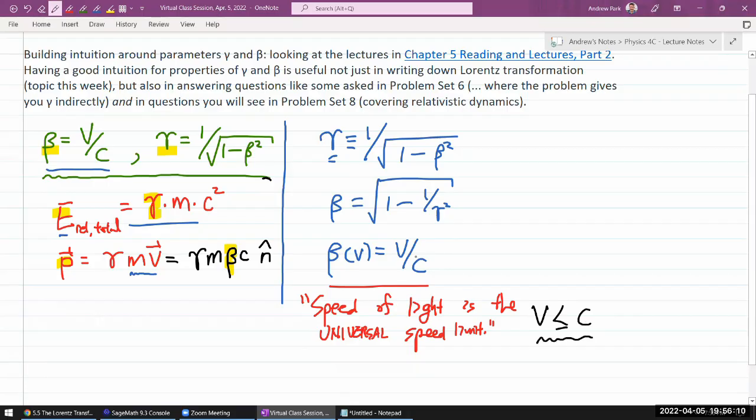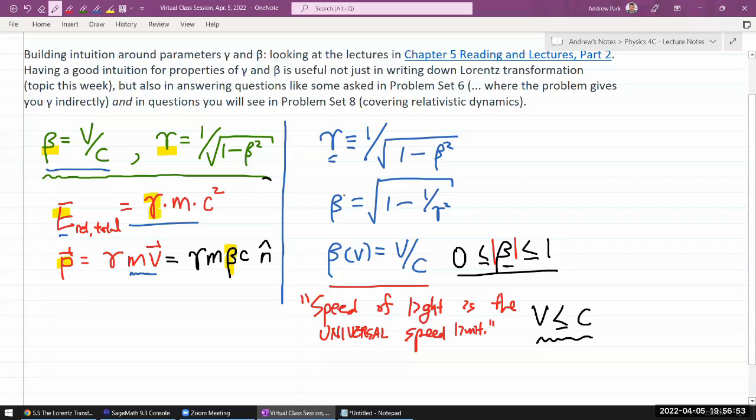And putting in this relationship actually gives you that beta is less than or equal to 1. Because v could be c, in that case it'll be equal to 1, and otherwise it's less than 1. And if we're talking about the absolute value of beta, as in the speed, not velocity, then this is, of course, also greater than or equal to 0. So that's one thing that puts constraints around the beta.